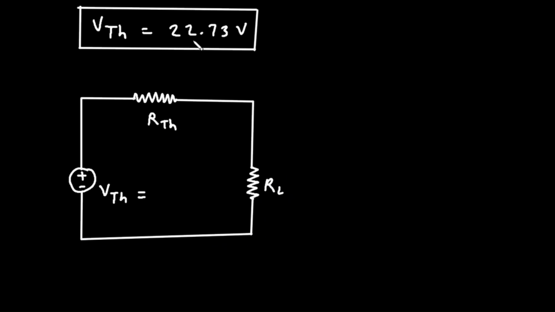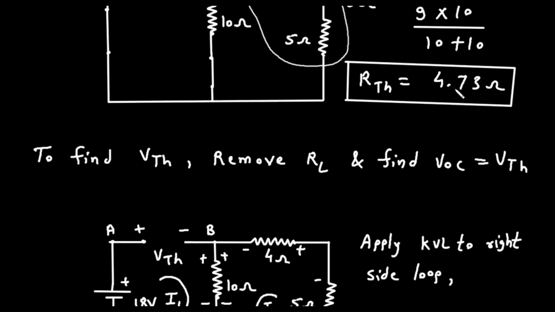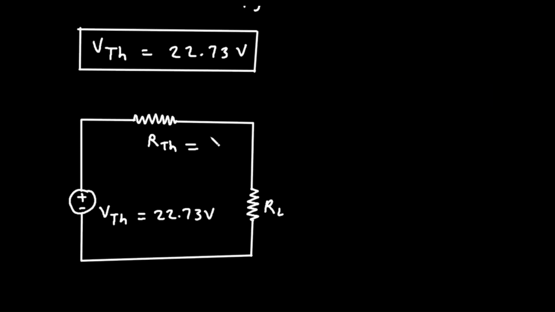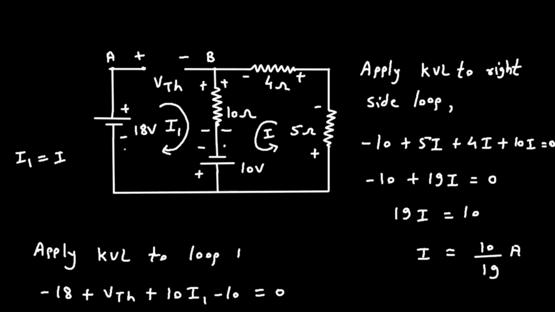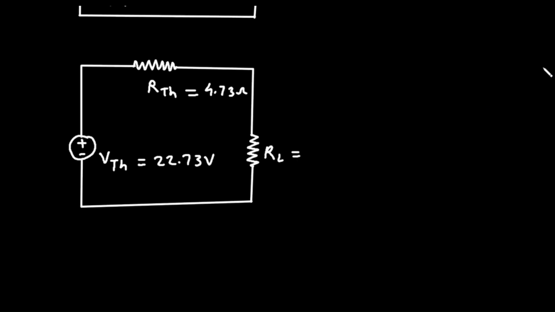The VTH value is 22.73 volt, the value of RTH is 4.73 ohm, and the value of RL is 6 ohm. Now we have to find this current IL.